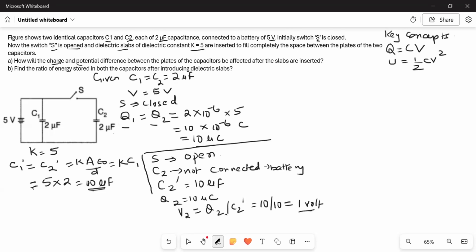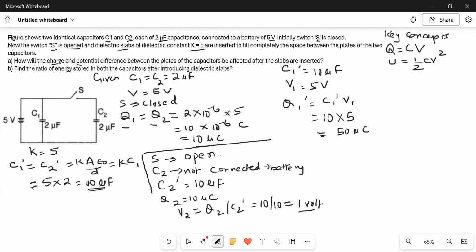What happens to the first capacitor? Because the first capacitor is connected to the battery, and its capacitance has increased to 10 microfarad and it is connected still to 5 volt, its charge will increase. Now its charge will become C1 dash into V1, the potential of the battery, that is 10 μF into 5, that is 50 microcoulomb.